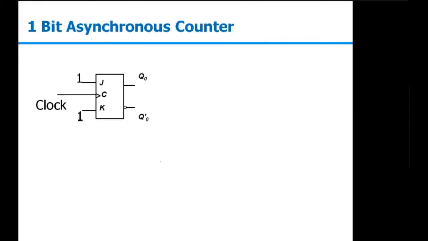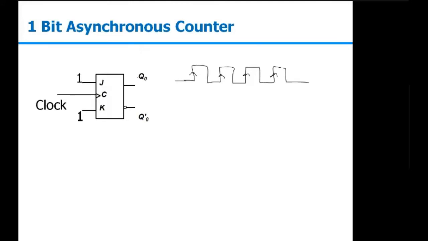Okay, so let's design a 1-bit synchronous counter. For 1 bit, I just need 1 flip-flop. Now how will it work? This is my clock, and if it is positive edge triggered, this flip-flop will work at every edge of the clock. To design the counter, we generally use a T flip-flop, or if you are using a JK flip-flop, then J and K have to be 1. That's why I have made JK equal to 1.